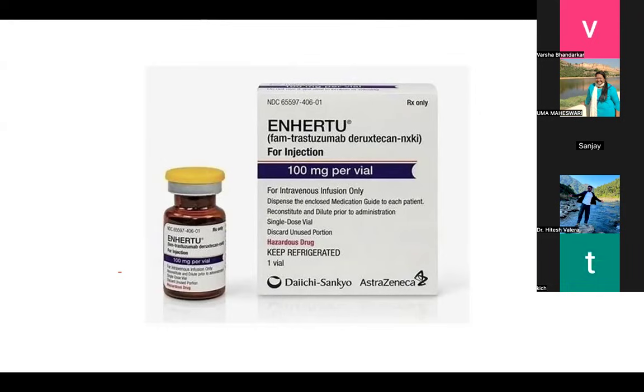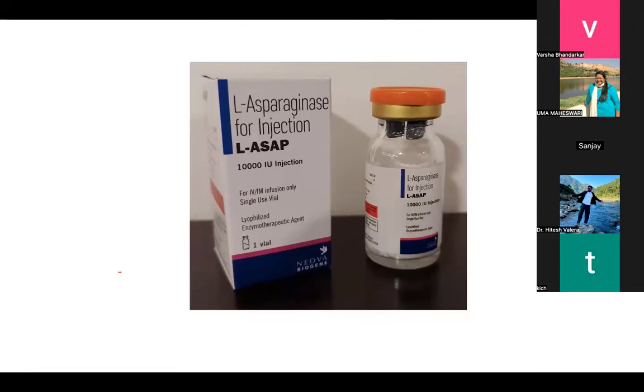If it does not improve beyond 28 days, then you discontinue the drug. For grade 2 onwards, you always discontinue the drug. Then also deruxtecan, as we know, is a topoisomerase inhibitor, so it can also cause mucositis and diarrhea as well. Okay, so those are some of the toxicities seen with trastuzumab deruxtecan.